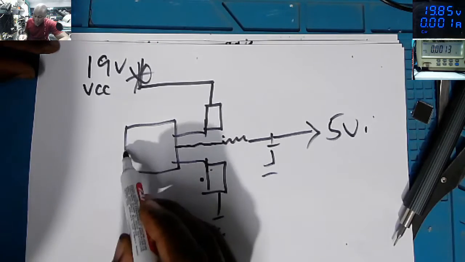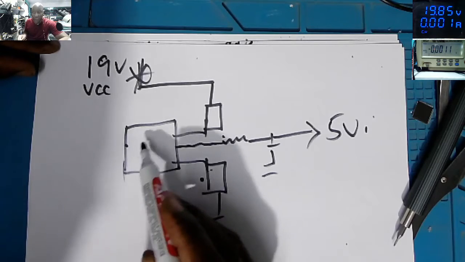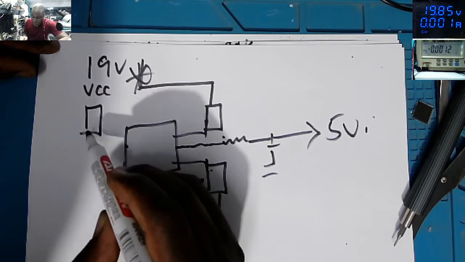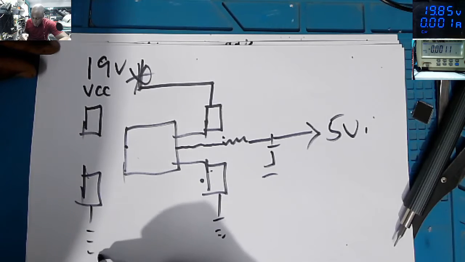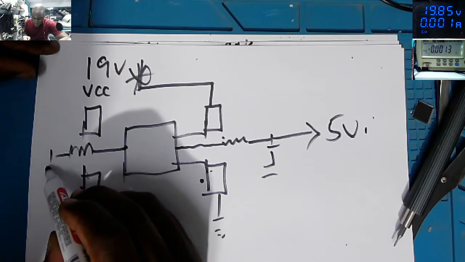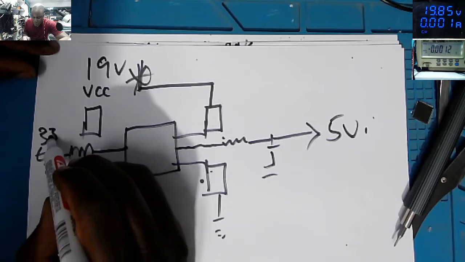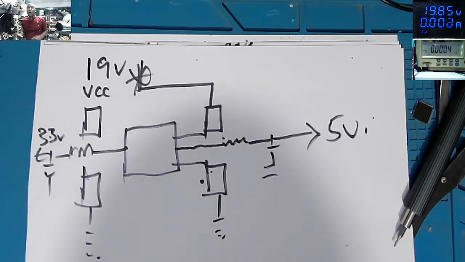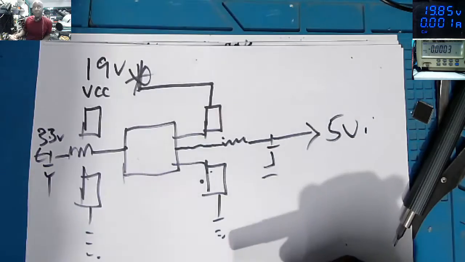On the other side, we have 2 MOSFETs. This one connected to ground. Here we have coil on the output, electrolyte capacitor, and we have 3.3 volts. All this is being managed by one chip.